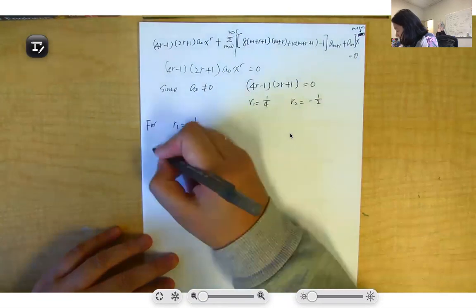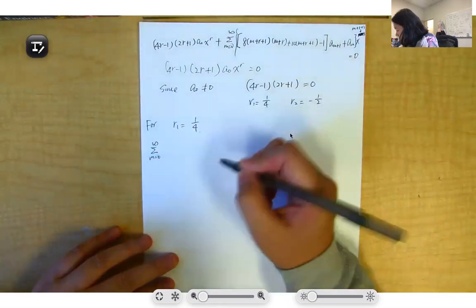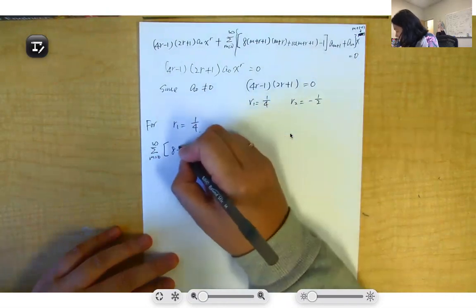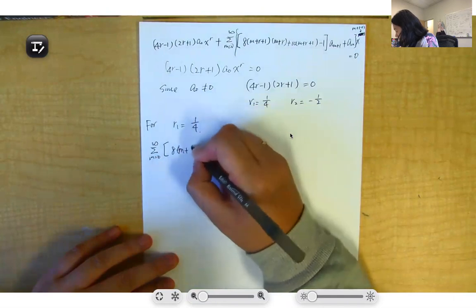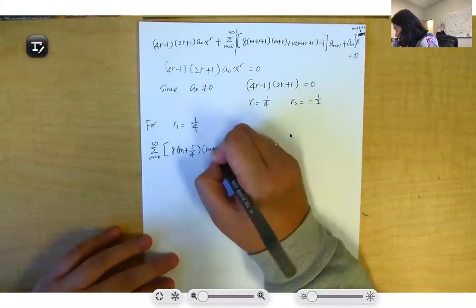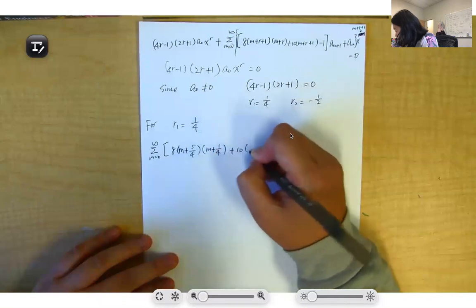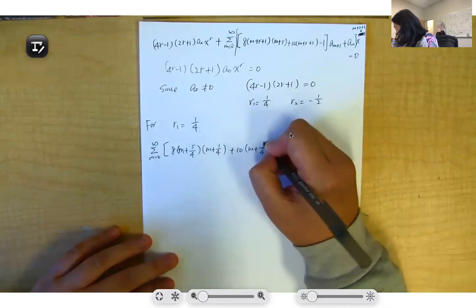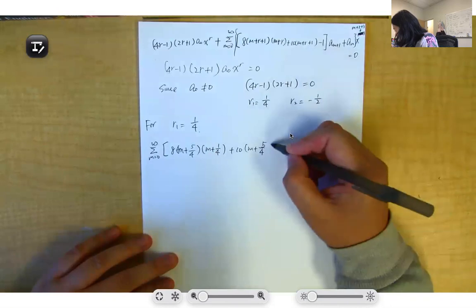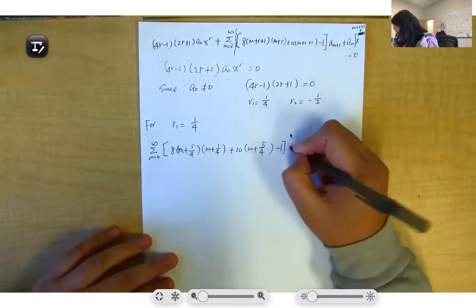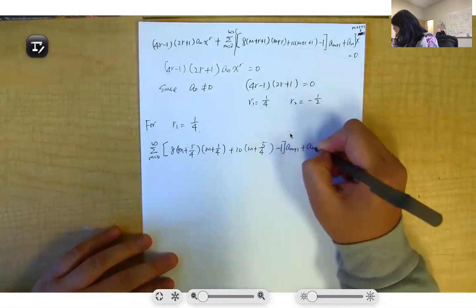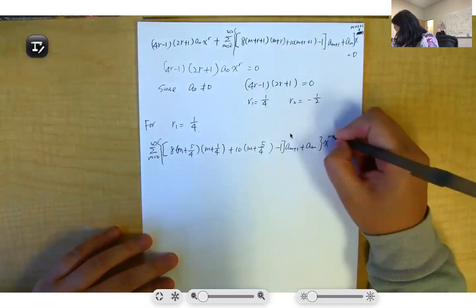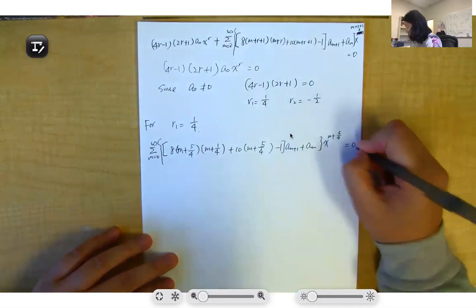Okay, so this term will be the sum from m equals 0 to infinity of 8 times (m plus 5 over 4)(m plus 1 over 4) plus 10 times (m plus 1 over 4), so 5 over 4, because plus 1 here, minus 1, okay, a_{m+1} plus a_m, then the sum of x to the m plus 5 over 4 will be equal to 0.